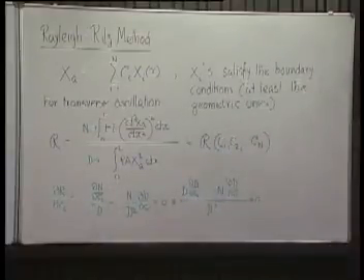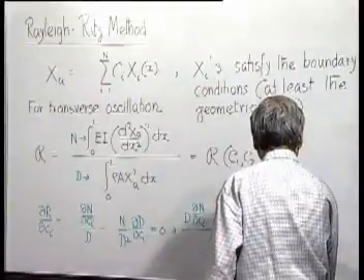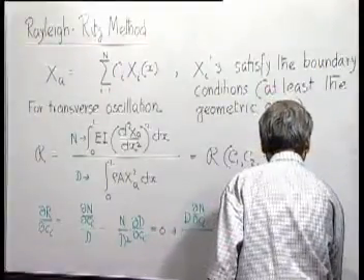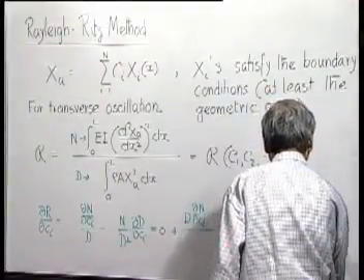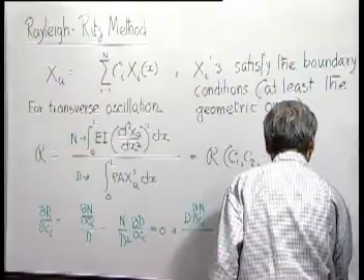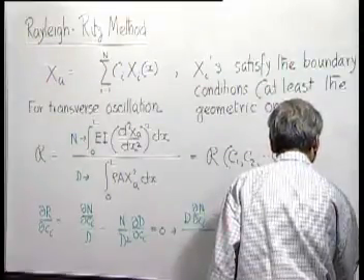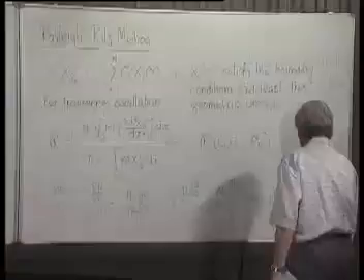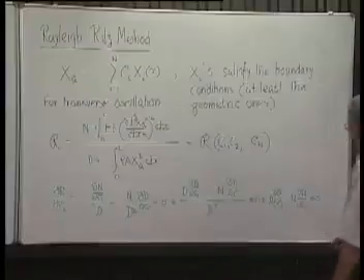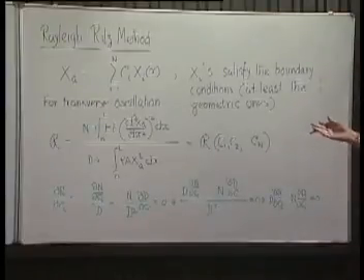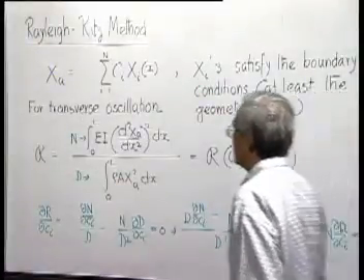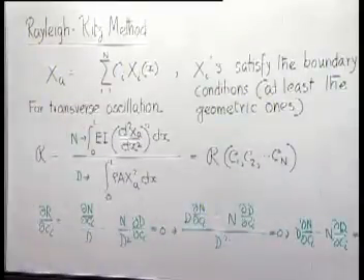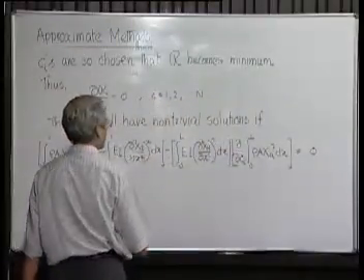Since d square is not 0, this still gives us d, and this is nothing but that. This is the numerator and this is the denominator.